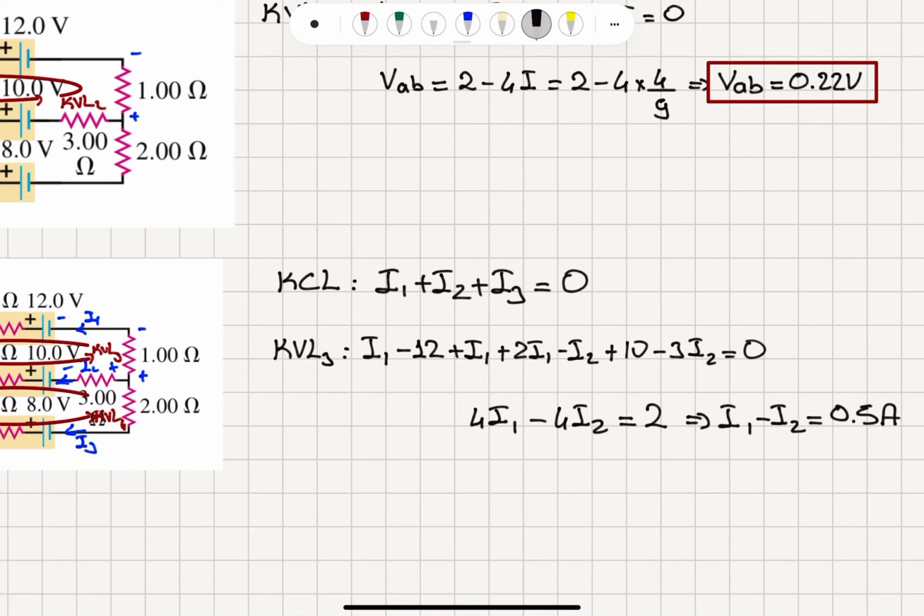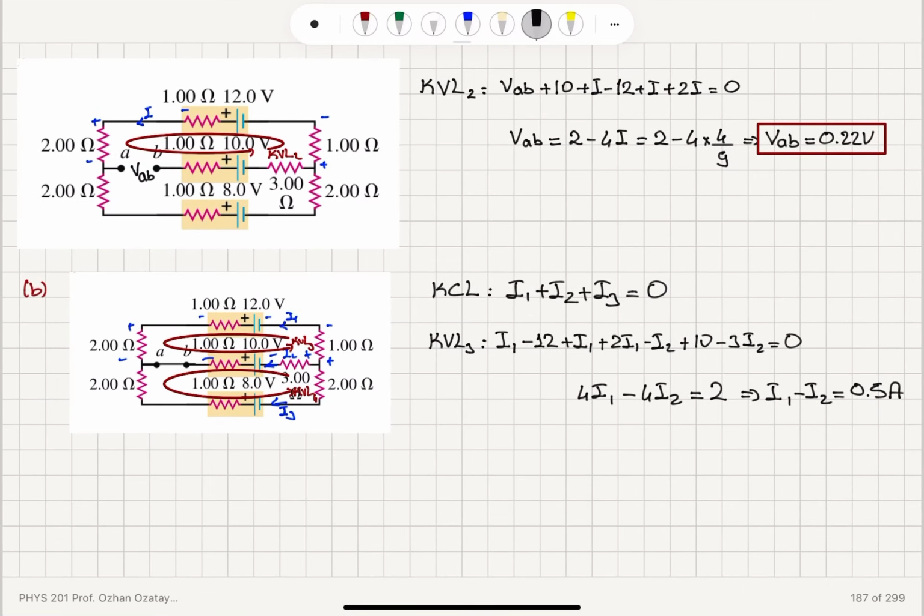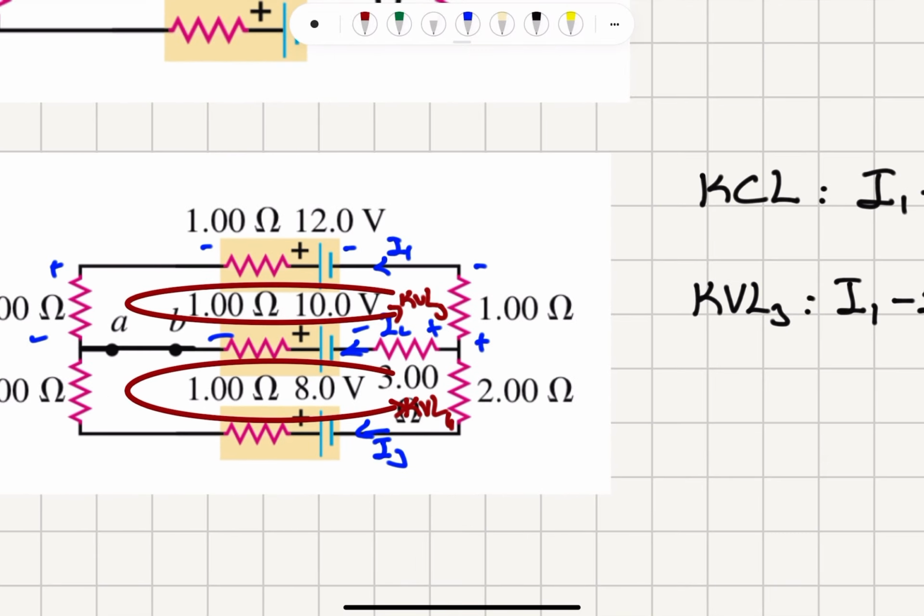Okay. Now if I consider this loop, the fourth loop, KVL4, this time I'm going to start at this point.